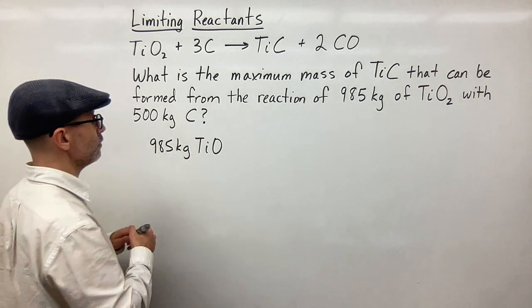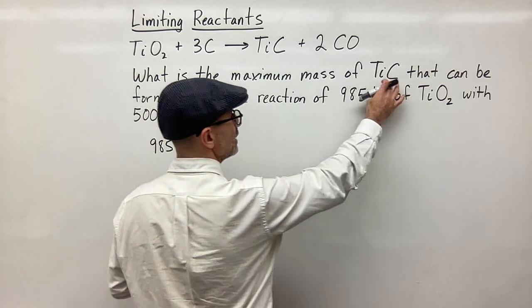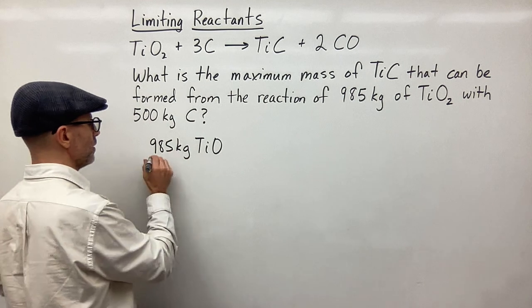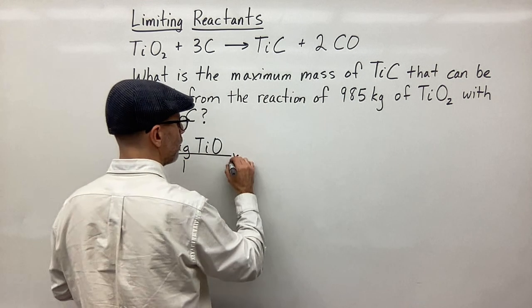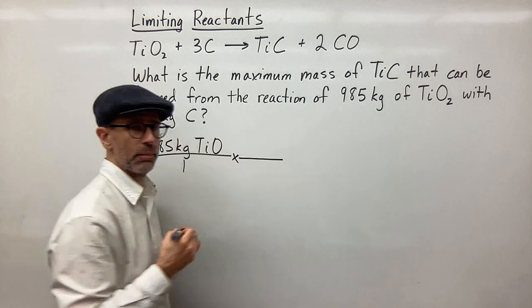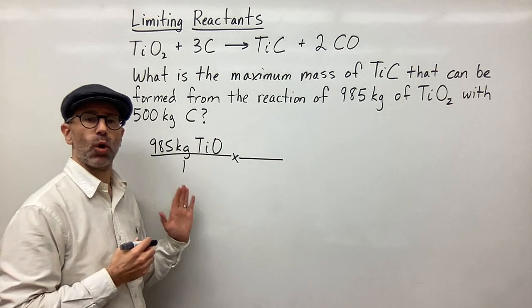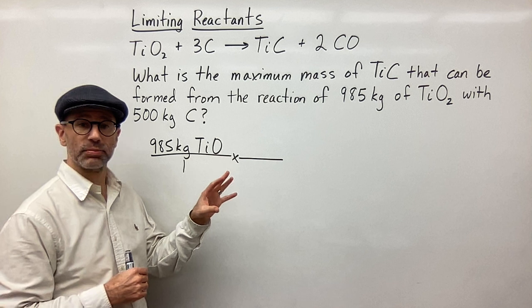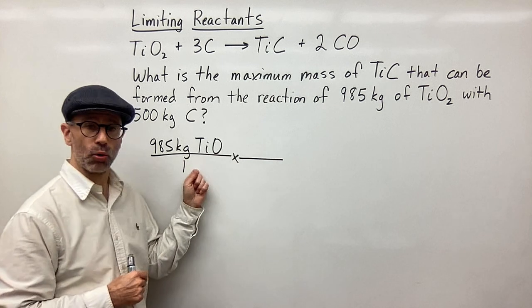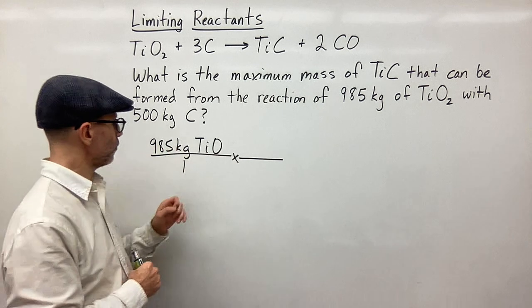So we're going to convert that to kilograms of TiC. So we're going to start with the kilograms. And again, we're going to follow our roadmap. Remember, when we're converting from one substance to the other, we have to get to moles. That's our goal, to get to moles. So we need to convert this to moles so we can use our mole ratio.